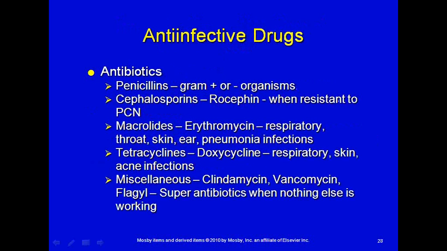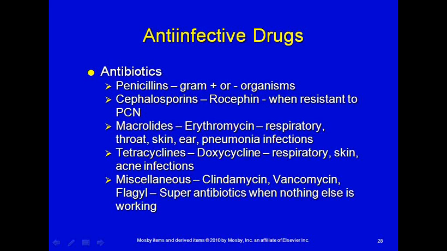Anti-infective drugs include antibiotics, and penicillins were your first generation antibiotics, and they were good at killing gram-positive or negative organisms. And then came the cephalosporins, which include things like Rocephin.